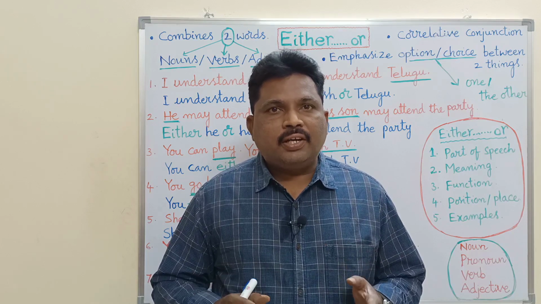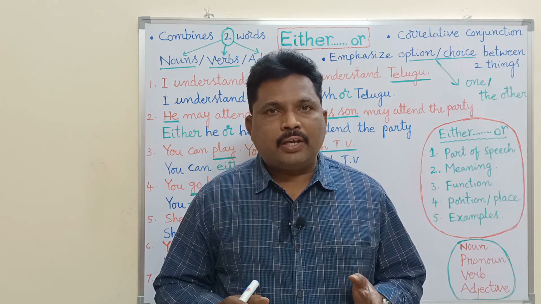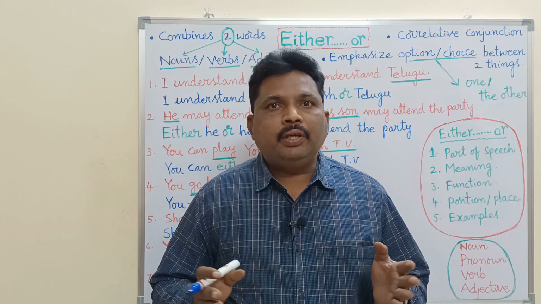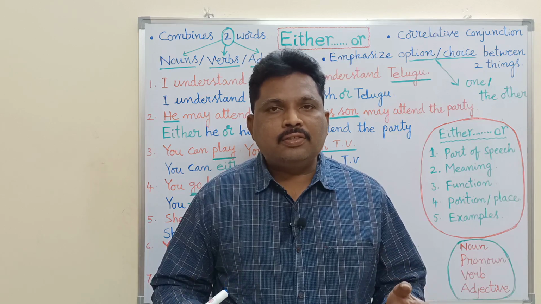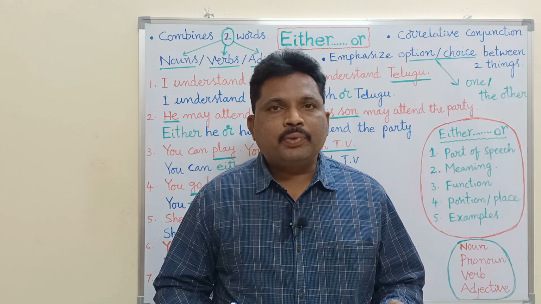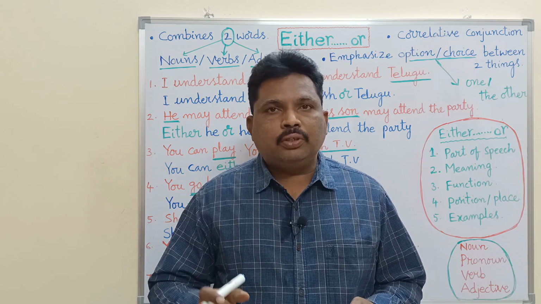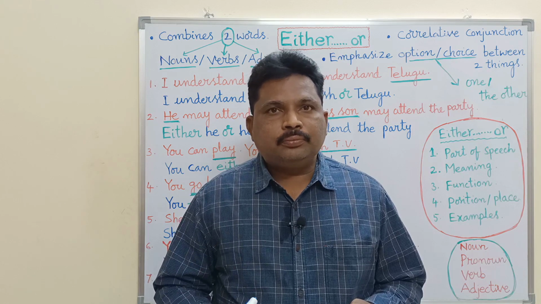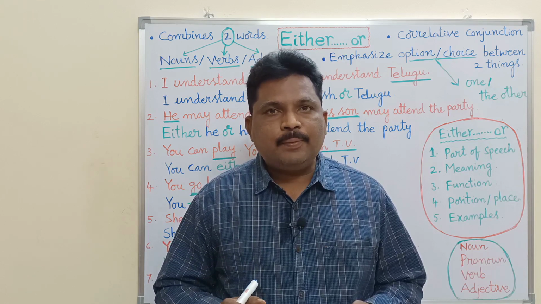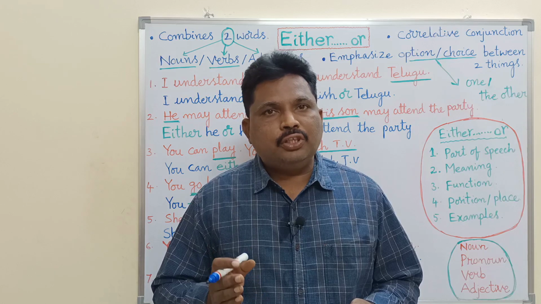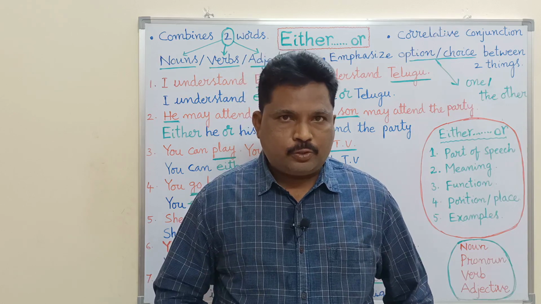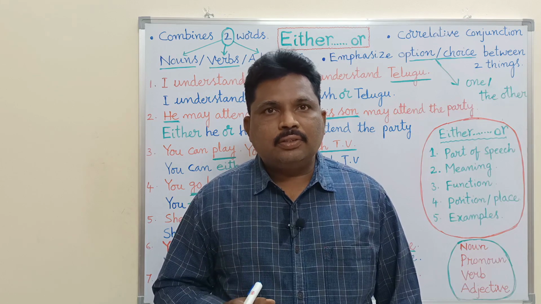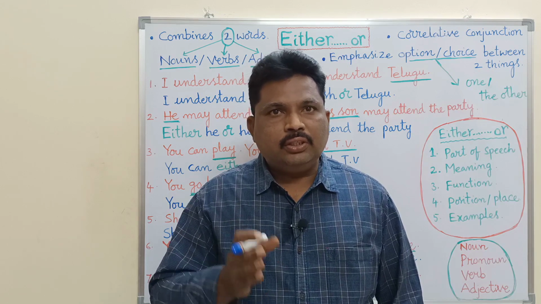If you understand how this conjunction is used, you will be able to write the answers correctly, and it can be used in your description also. In addition to that, as and when necessary, you can use the same conjunction in your spoken language. That is why you should pay attention to this class right from the beginning till the end.